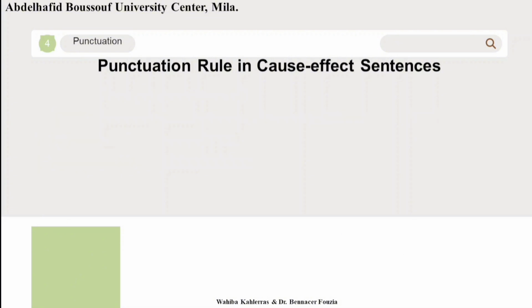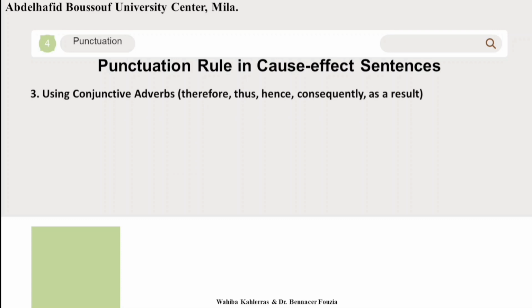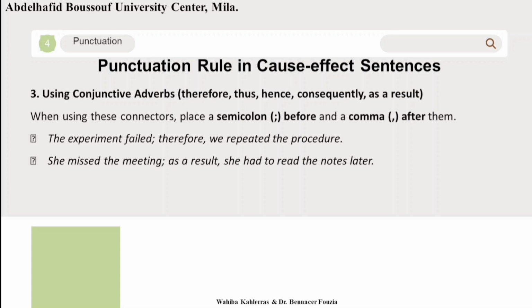Final rule of punctuation in cause-effect sentences concerns the use of conjunctive adverbs like therefore, thus, hence, consequently, as a result, as a consequence. When we use these connectors, we place a semicolon before and a comma after these very conjunctive adverbs.